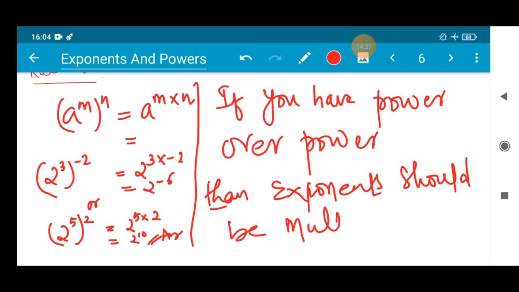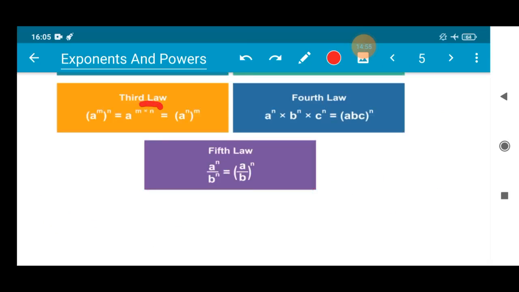I hope till now you understood what is power, what is exponent, what is base, right? So the base here stands on the ground level and the exponent is at the top of its head. So if you have power over power, then exponents should be multiplied in such a case. Okay, so this is the case.